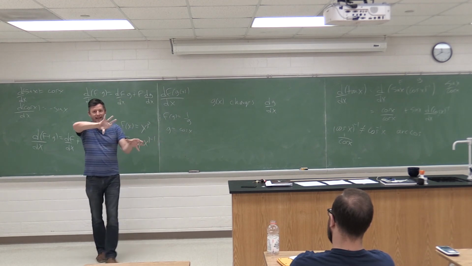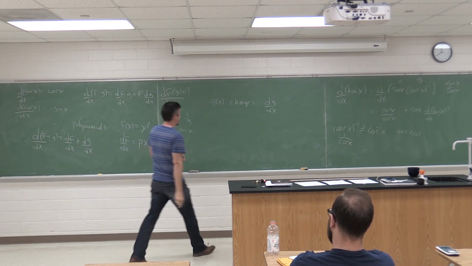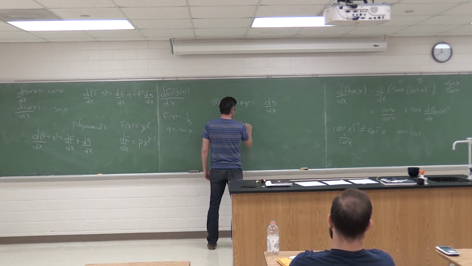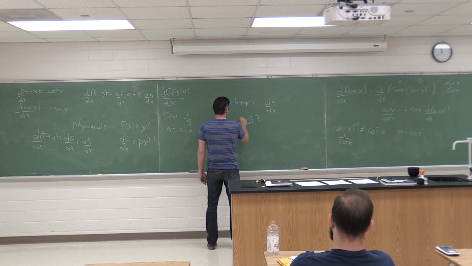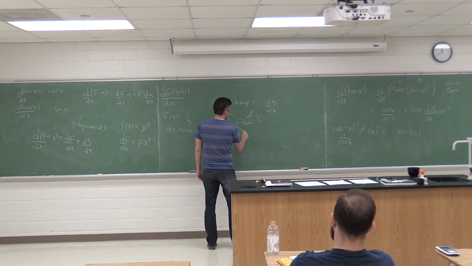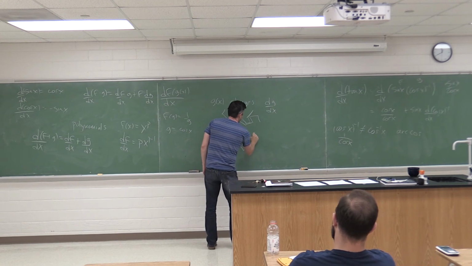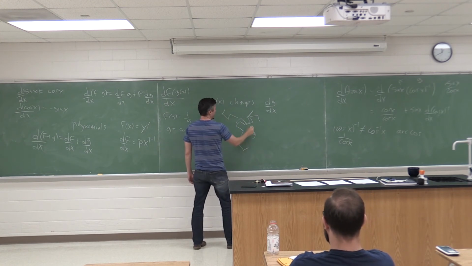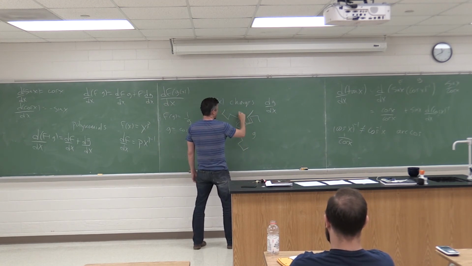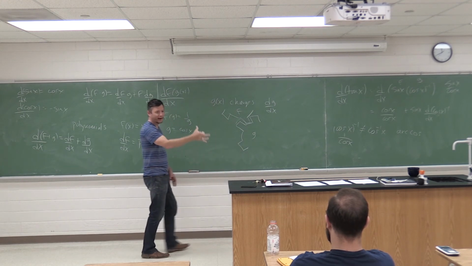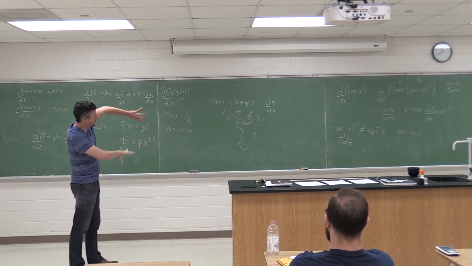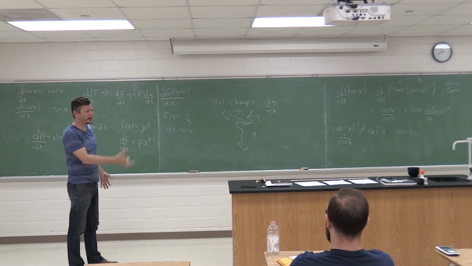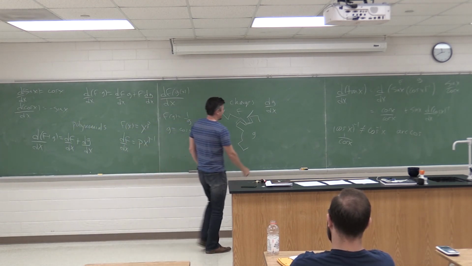So you can think about these as gears. We'll draw all the teeth for you, but something like this. I have these interlocking things, and as I spin g, I'm going to spin f, one after the other. I rotate g, and so f is going to rotate around as well.